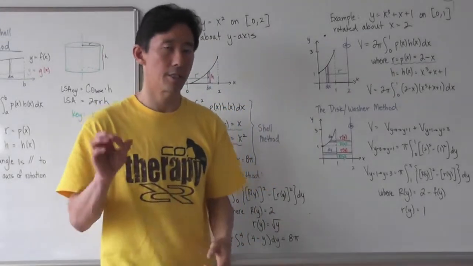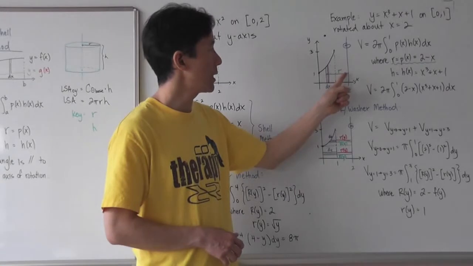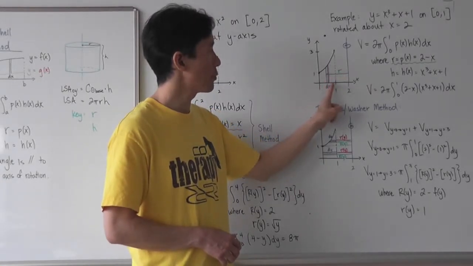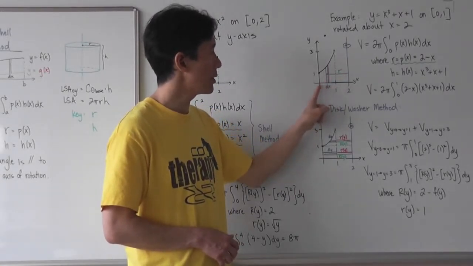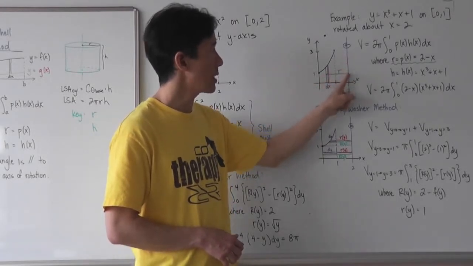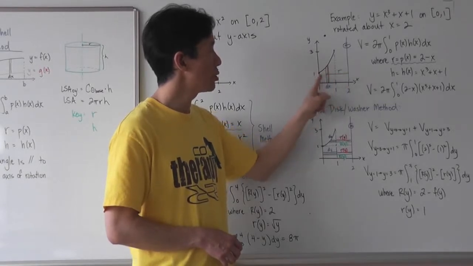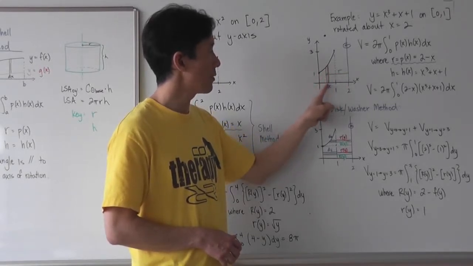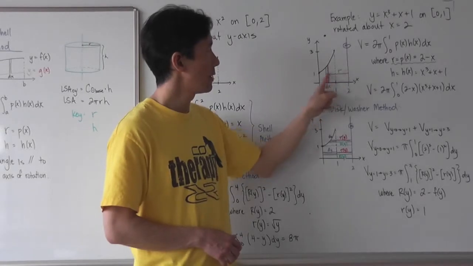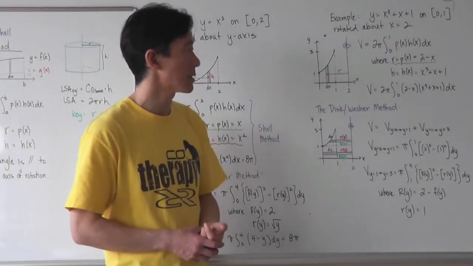Now, let's very clearly identify why that's true. It's 2 minus x because as this rectangle varies anywhere between 0 and 1, the distance from your axis of rotation to that rectangle is always going to be 2 minus x. So let's say, for example, if that's an x value right there, then that's 2 minus the x value, and that's going to be your radius.